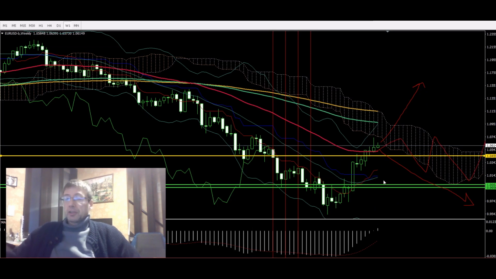The best way to handle this case is to assume for the moment that it is a range, because it is now acting as a range. But be aware of the 2 breakouts.